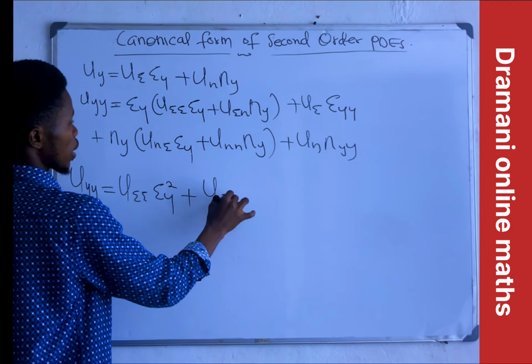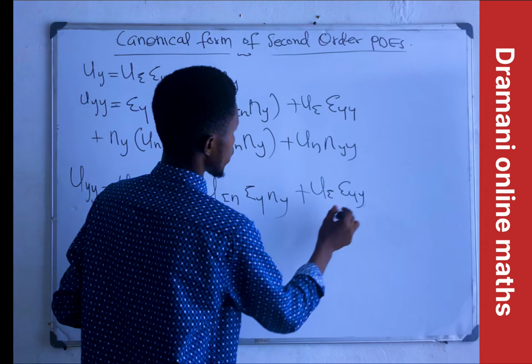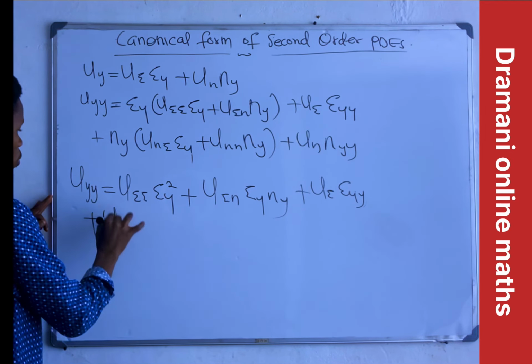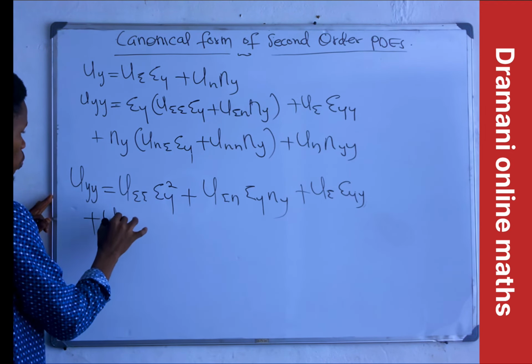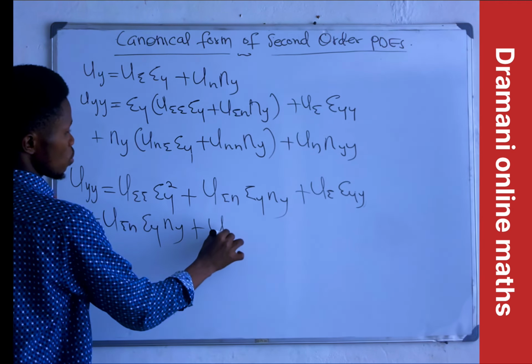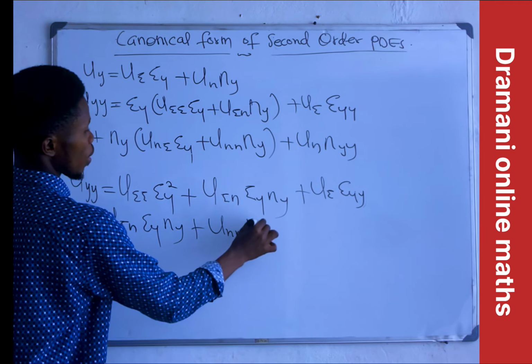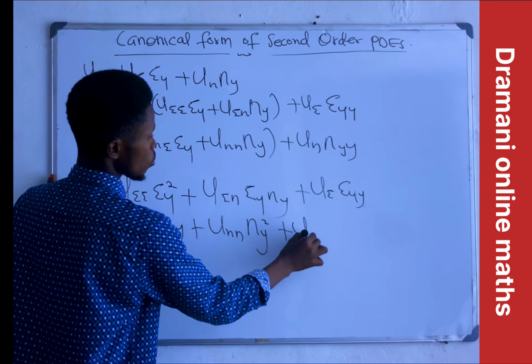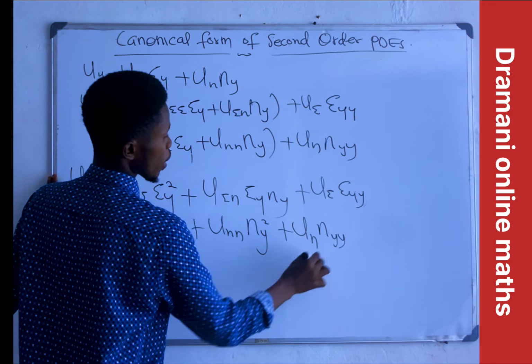Plus uξ ξyy plus this and that. You're going to have uξη, so you can interchange this, okay? ξy ηy plus uηη, because this is ηy times ηy, that gives you ηy squared, plus uη ηyy.